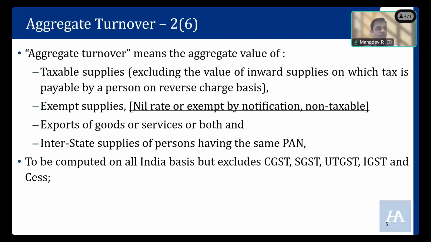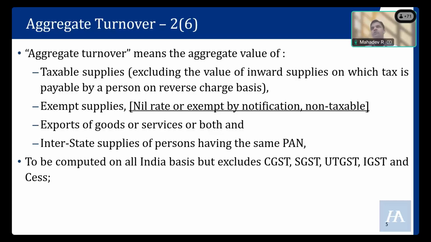Then if there are exempt supplies, exemption could be by way of notification, or it could be nil rate goods or nil rate services. Even in those cases, the value should be considered for computing the aggregate turnover. Say you are into construction, you have only advances, you have not issued any invoices during the year.